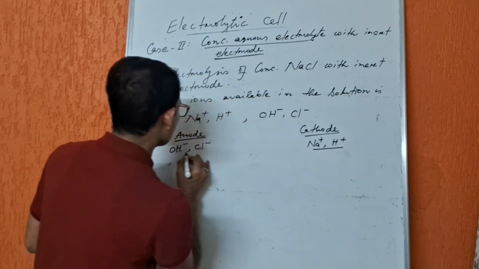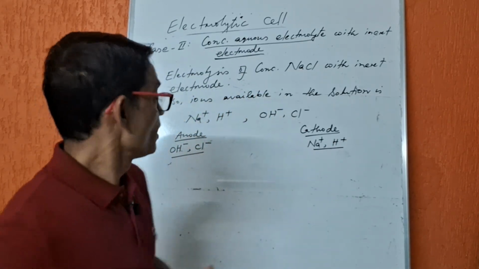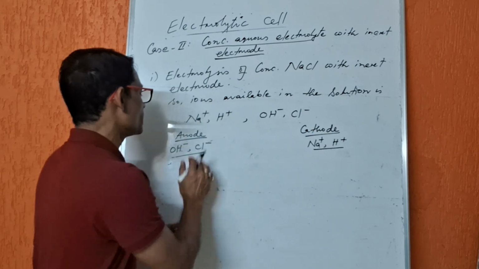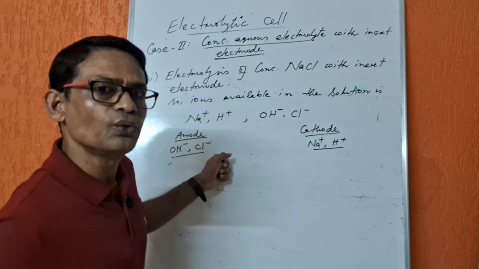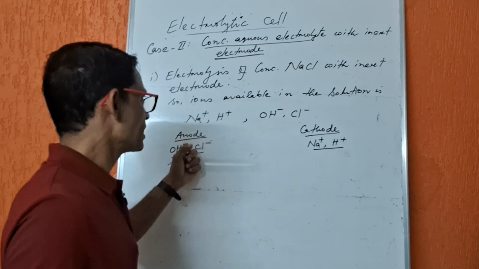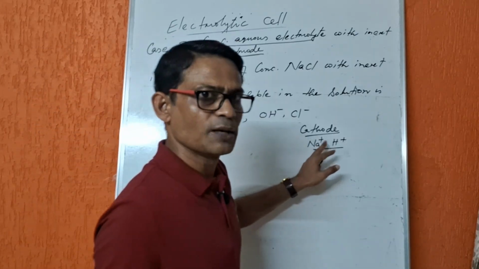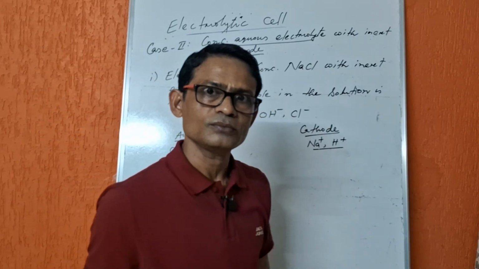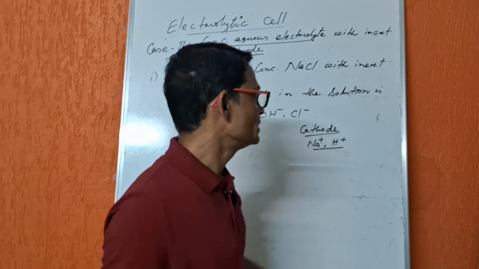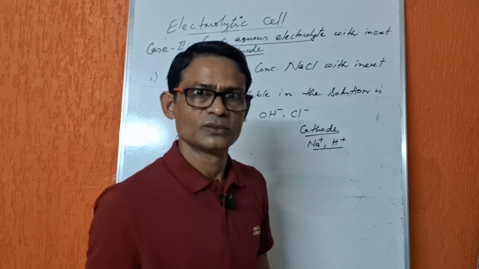Now the question is, out of OH minus and Cl minus, which will be oxidized at the anode, and out of Na plus or H plus, which will be reduced at the cathode.